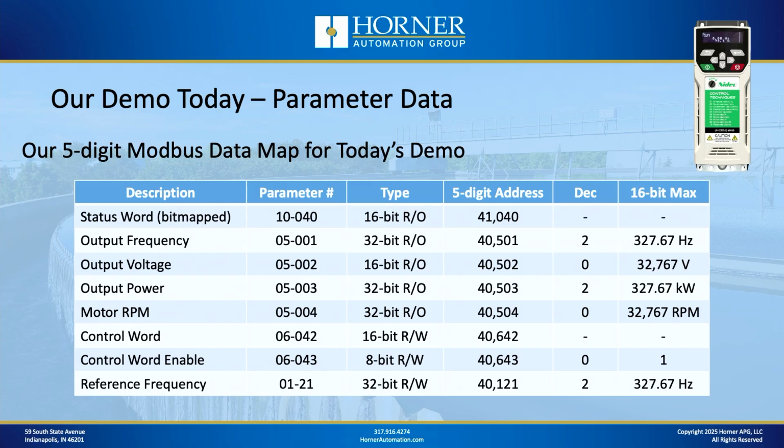We add the parameter number to it, that gives us 1,040. And then we take our 1,040 and add it to 40,000, and we get our 5-digit address of 41,040. So we do that same process with each of those other parameters on the list there, and that's what we end up with for our 5-digit Modbus data map for our first demonstration.